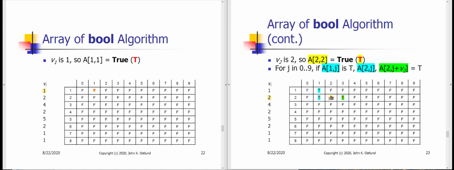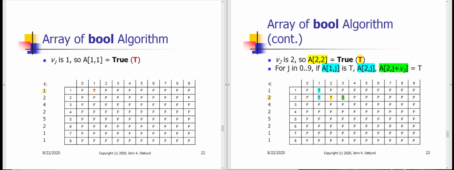We can also achieve a value of 2 by just using the value 2 by itself. Furthermore, as we go through the prior row and we discover, okay, we can achieve a value of 1, well, that implies that we can also achieve a value of 1 plus 2 is 3.